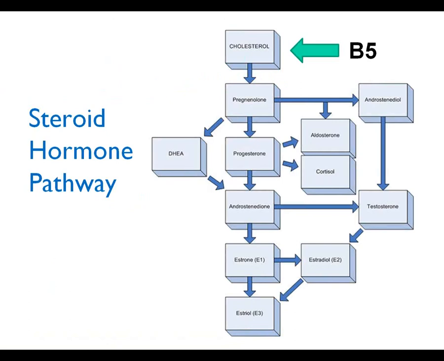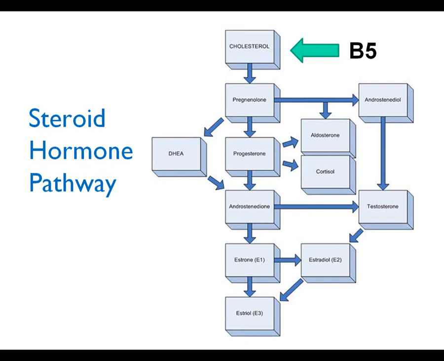Now, when we look at this steroid hormone pathway, you'll notice that B5 is the lead nutrient going into this. B5 is what's going to eventually take you into cholesterol production and then move you on down into pregnenolone.